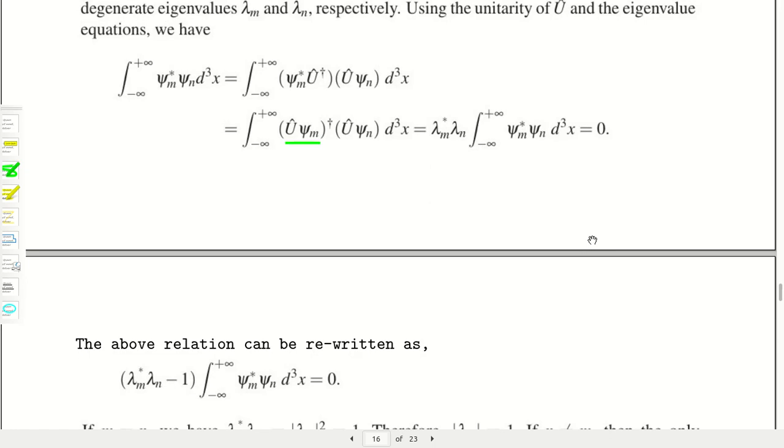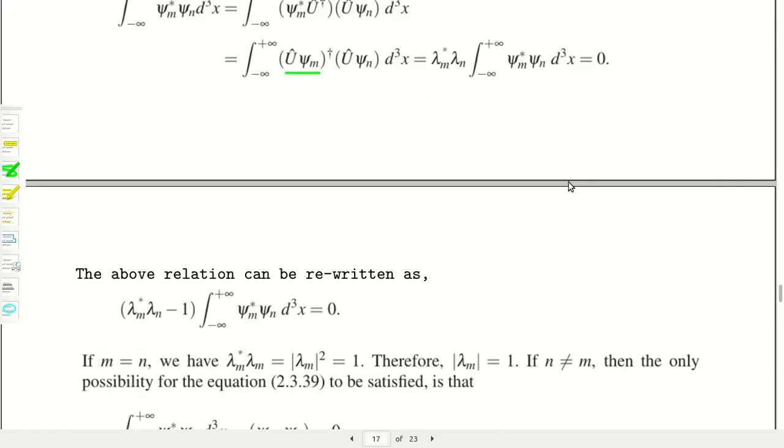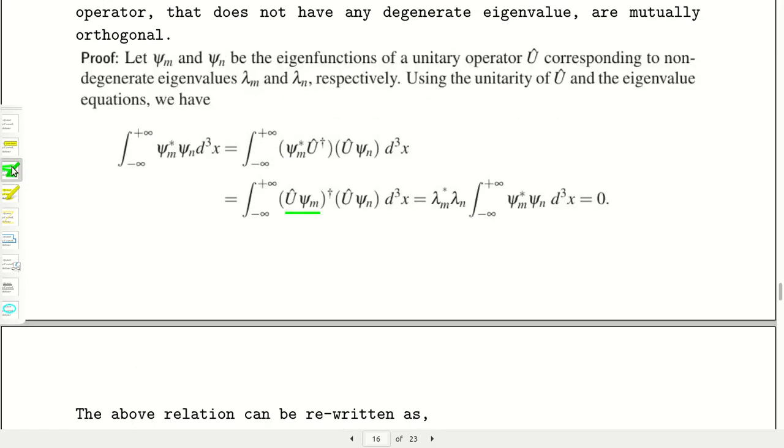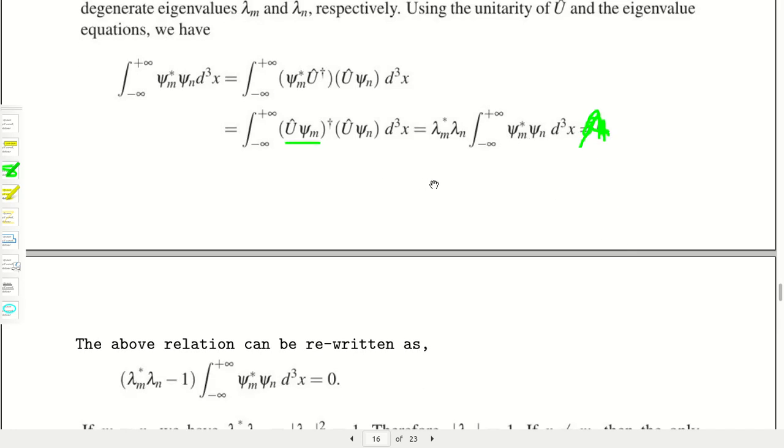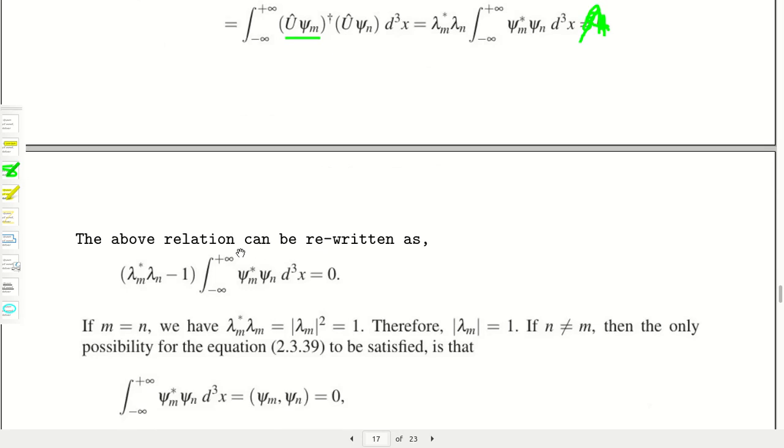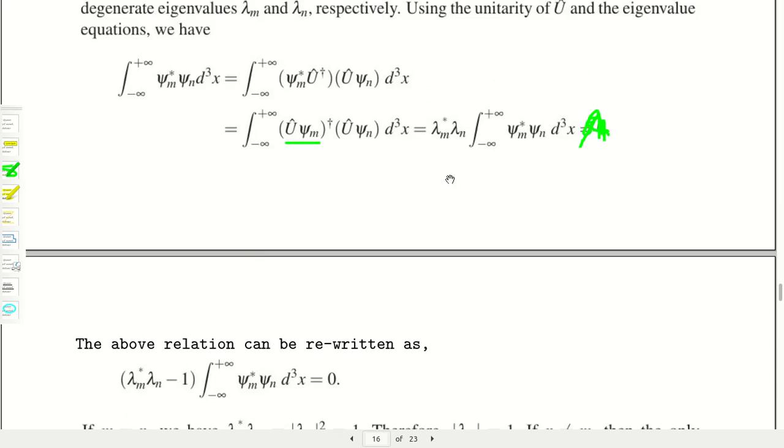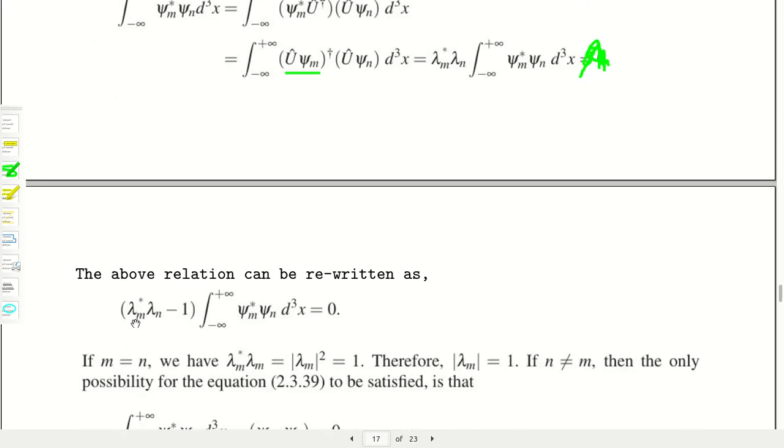This is wrongly written, this is not 0, this cannot be written here. This is the step. Now take this integral to the left hand side, and this one to the right hand side. This gives lambda m star lambda n minus 1, times the whole integral, equal to 0.